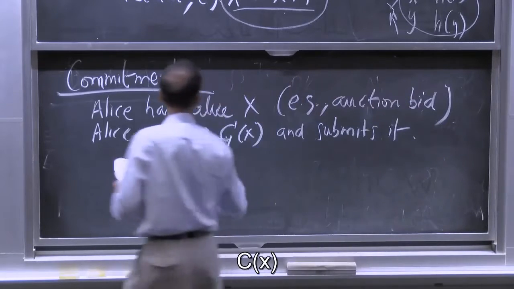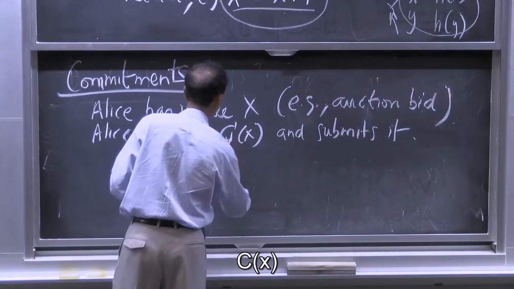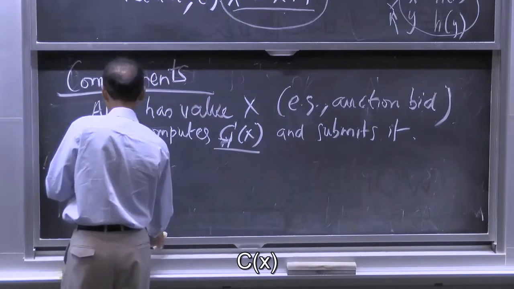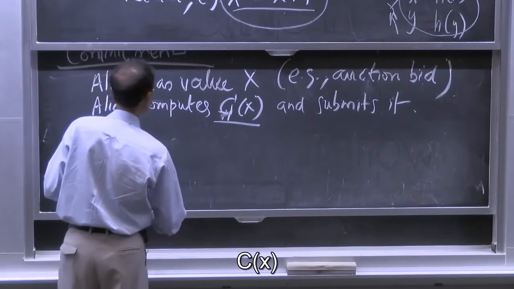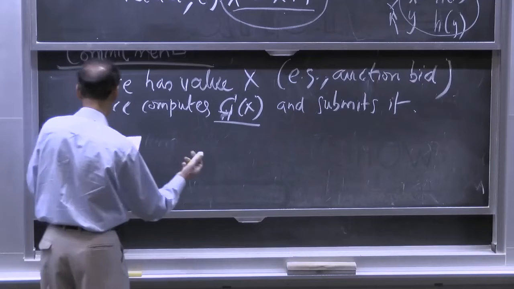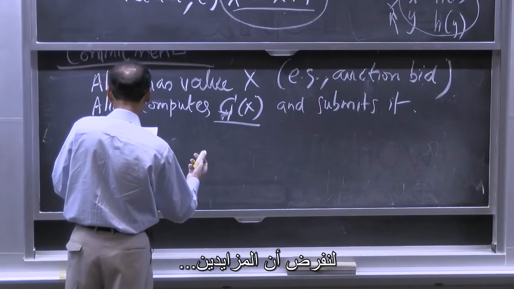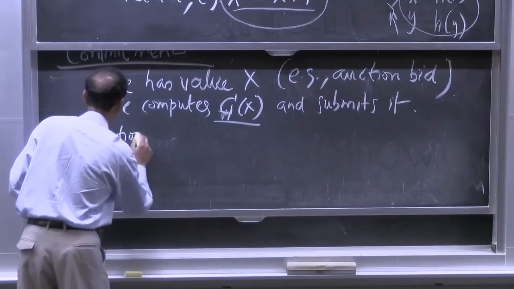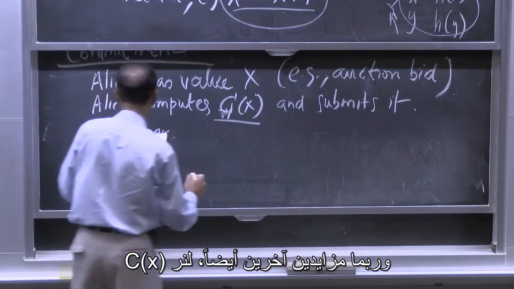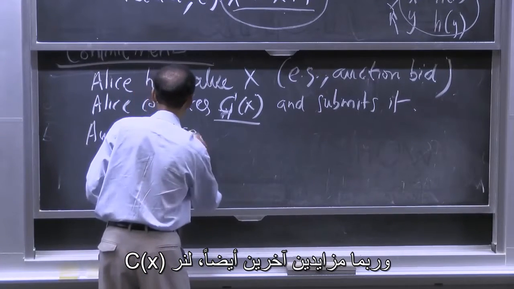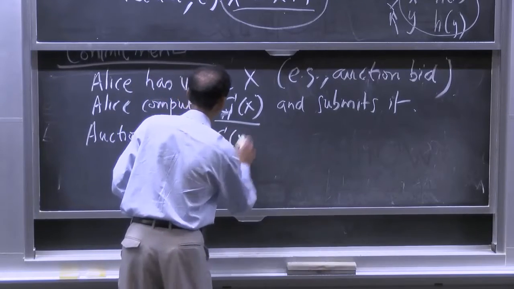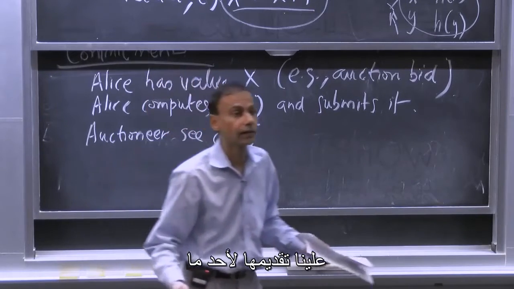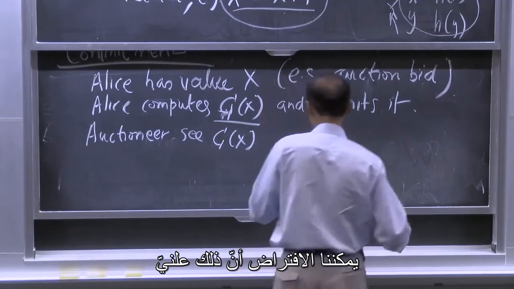Right? C of X is, let's assume, exposed to the auctioneer, and perhaps the other bidders as well. I mean, you have to submit it to somebody, right? So you can assume that that's exposed.